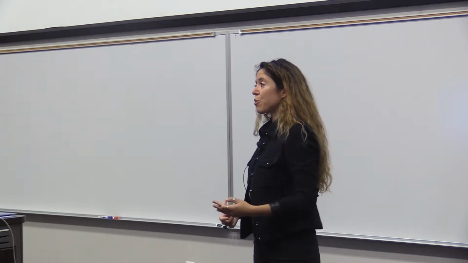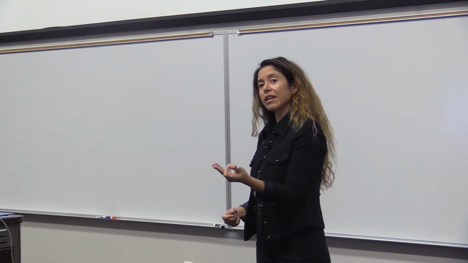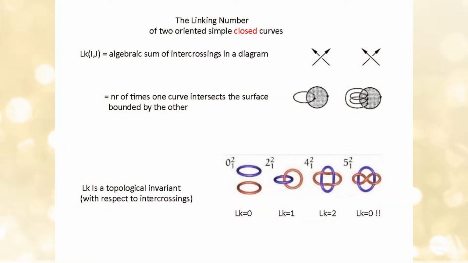It turns out this number, if you are talking about closed curves, is a topological invariant. That means it does not change as long as you don't allow the curves to cross through each other. So it also measures the number of times one curve turns around the other. This is the physical meaning of the algorithm I described with projecting on a plane. It measures how many times one curve goes around the other.